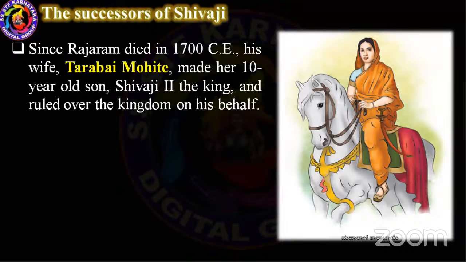Because of that, his wife Tarabai Mohite brought her son to the throne, called Shivaji II, and on behalf of him, she started to rule the Maratha kingdom. Two children of Shivaji, Sambhaji and then Rajaram.